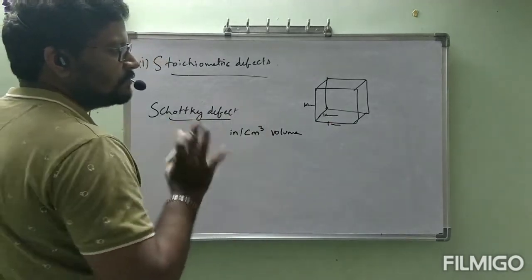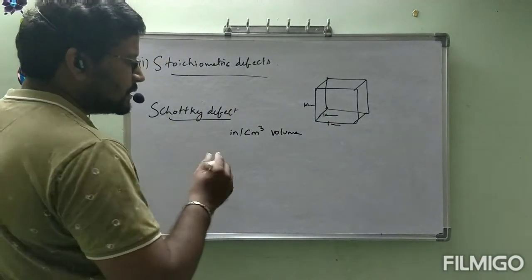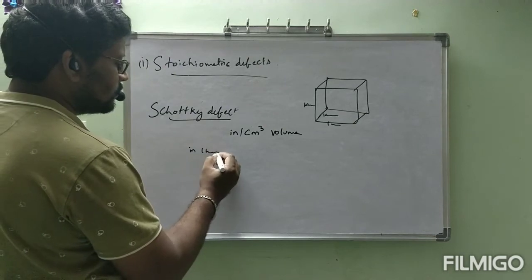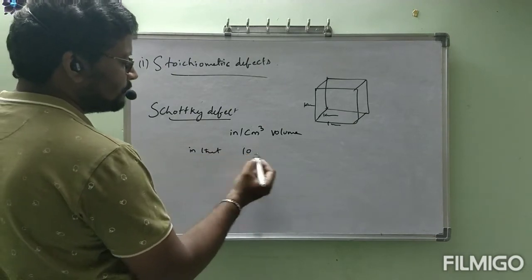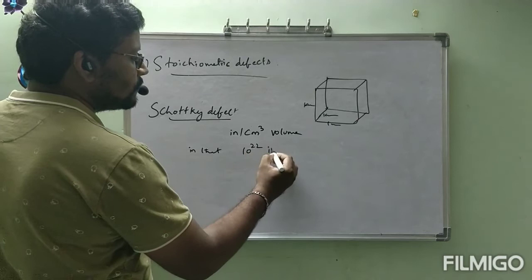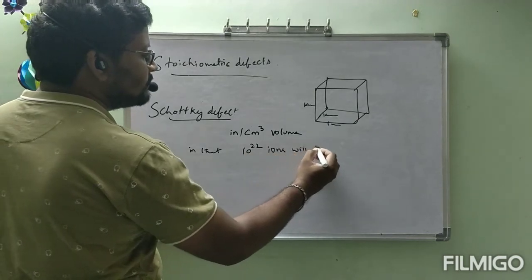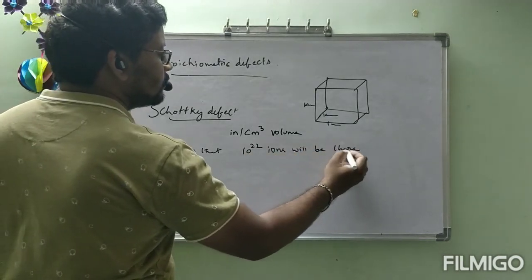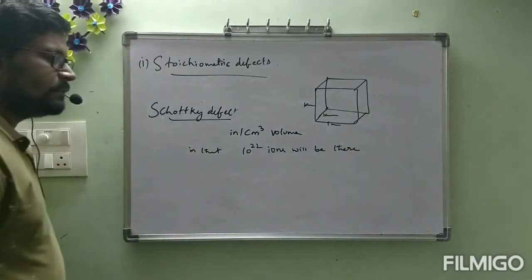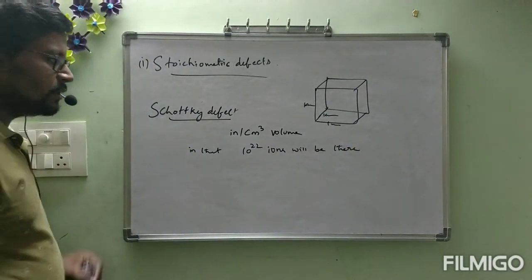In that volume, generally 10 power 22 ions will be there.